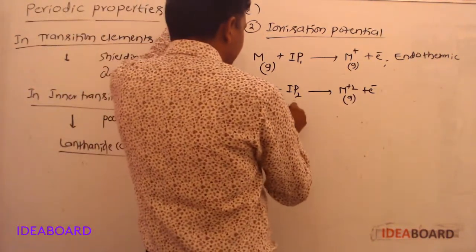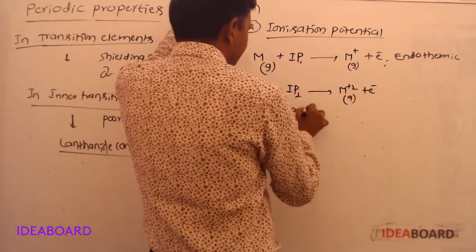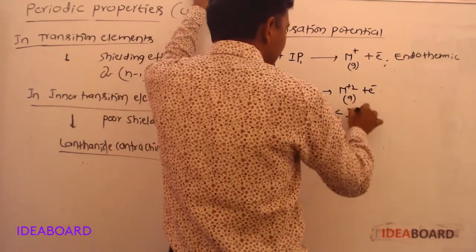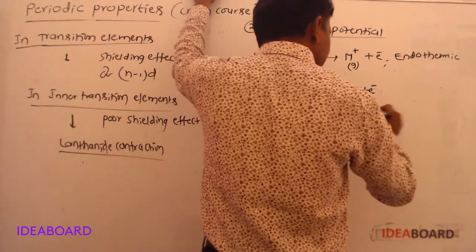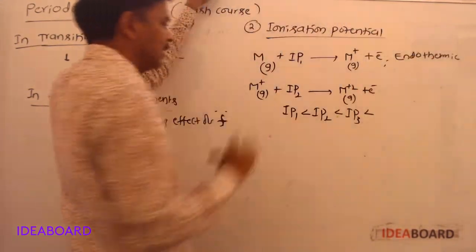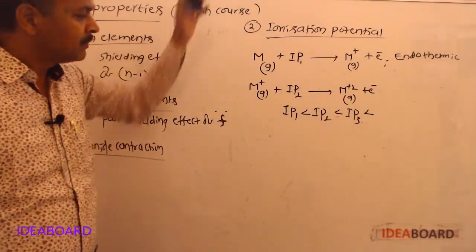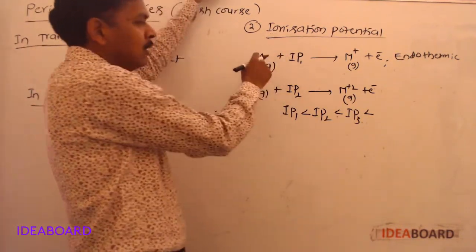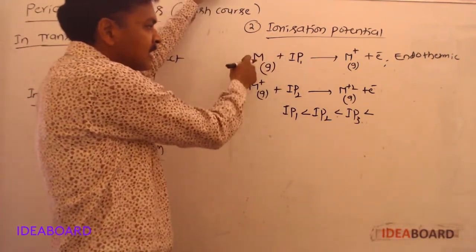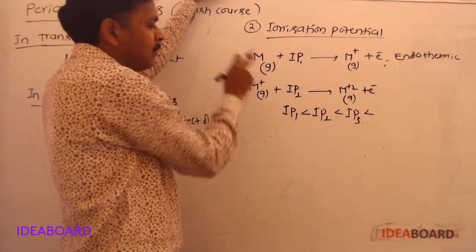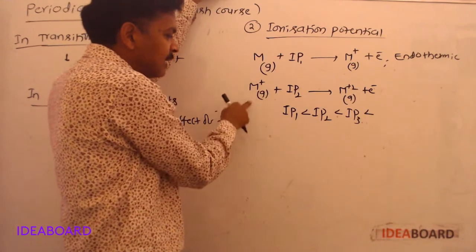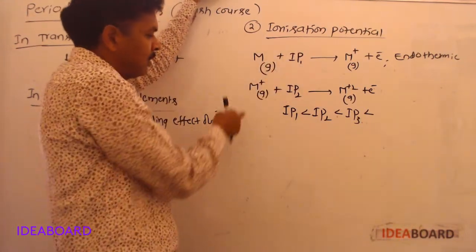See here, IP1 is always less than IP2, IP2 is always less than IP3, IP3 is always less than IP4, and so on. IP1 means energy required to remove the electron from the valence orbit of a neutral atom, but IP2 means energy required to remove the electron from the valence orbit of a unipositive ion.